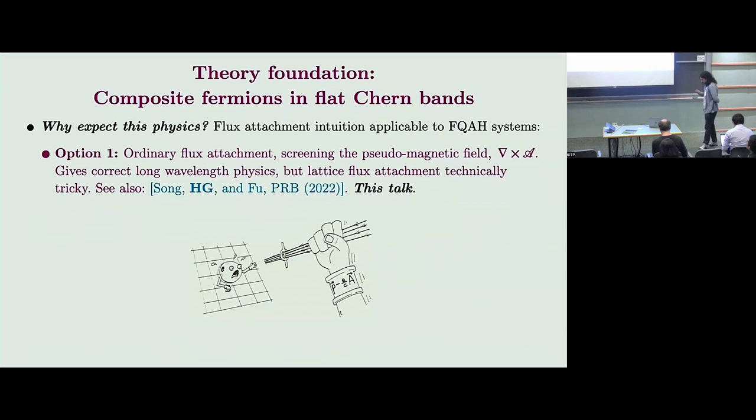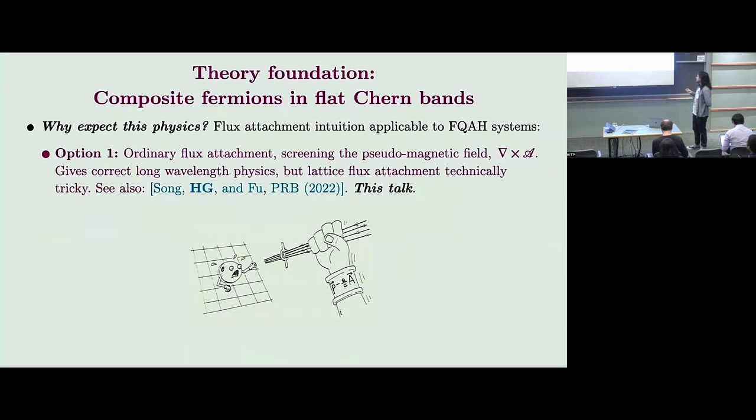You can do flux attachment and screen that. But to do this in practice is really tricky. You would need to do actual lattice flux attachment, which is historically a very hard problem. But nevertheless, we expect that the long wavelength limit is consistent with the usual continuum flux attachment. Then I think you should get essentially the same long wavelength physics.